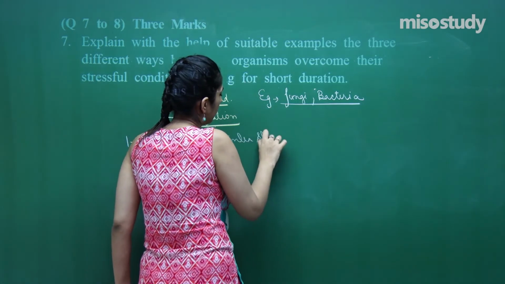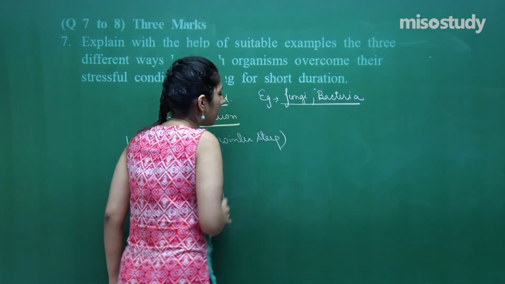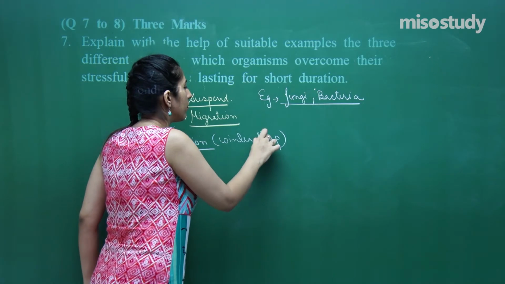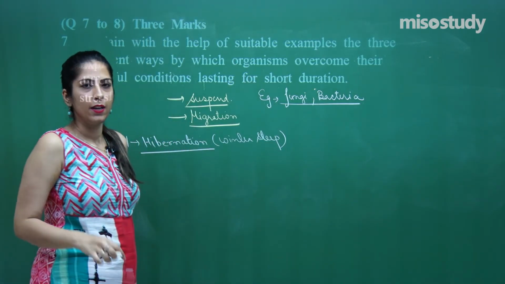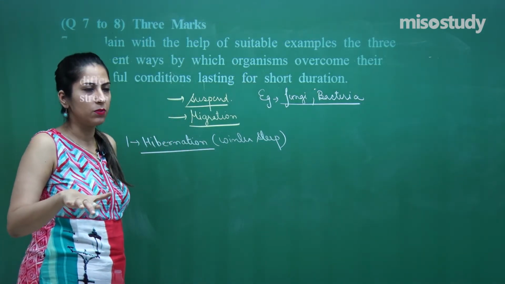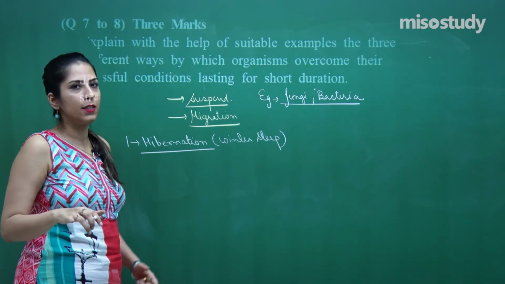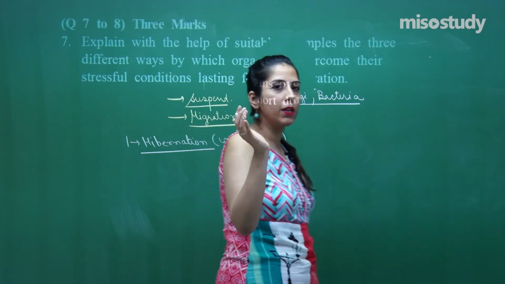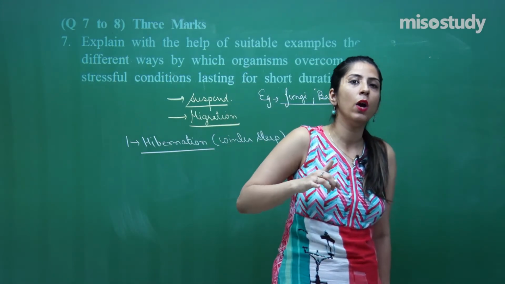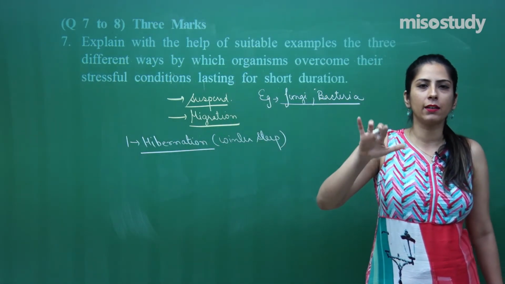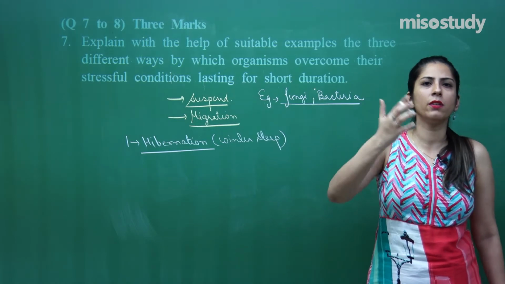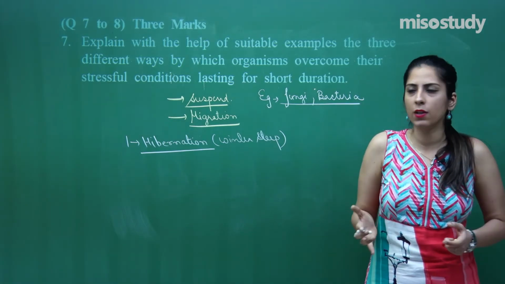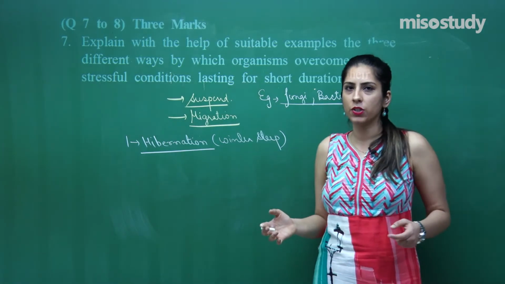Some organisms, during winter conditions, suspend their growth for some time. This is called winter sleep. For example, polar bears: when the temperature is extremely low, they remain inactive in their home, where they used to live. So that is called hibernation.